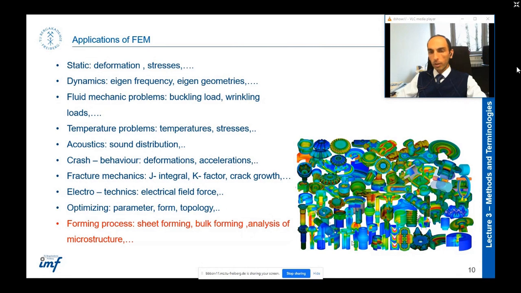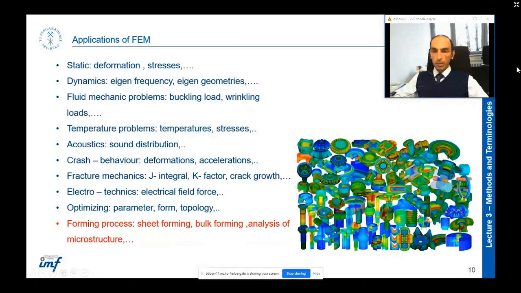For my PhD, I was studying in South Korea, and I was working with a software company. They have developed a metal forming simulator, and many companies in Korea and other countries were using their software, and these are some examples of using the metal forming simulator in industry.